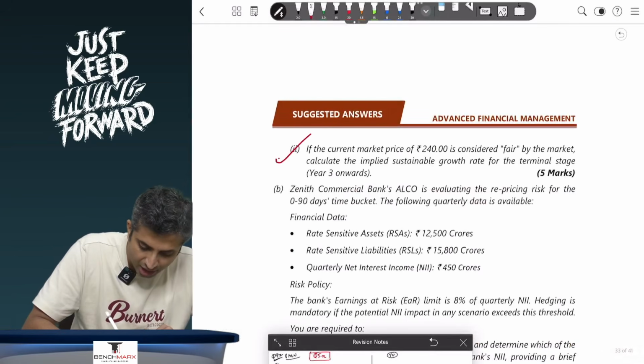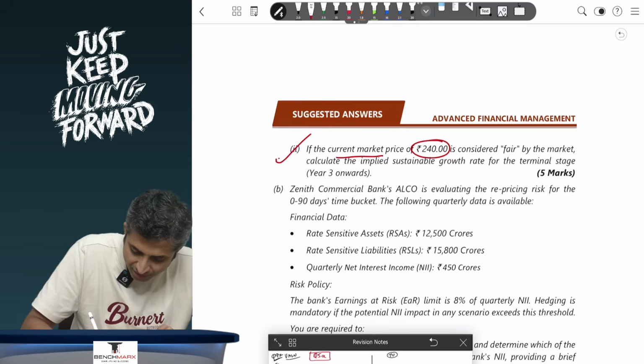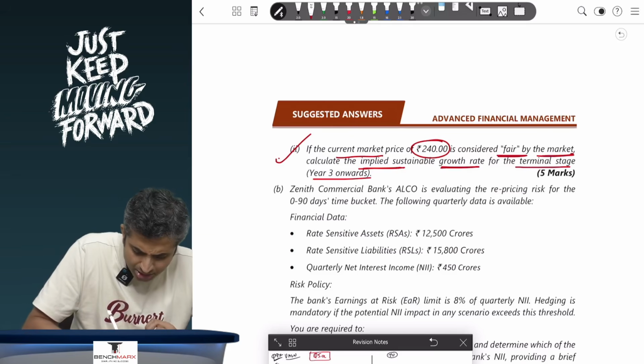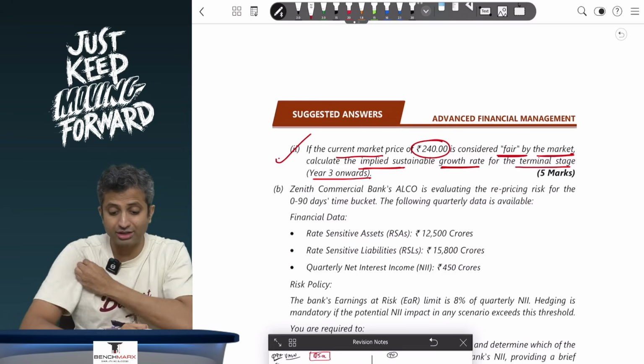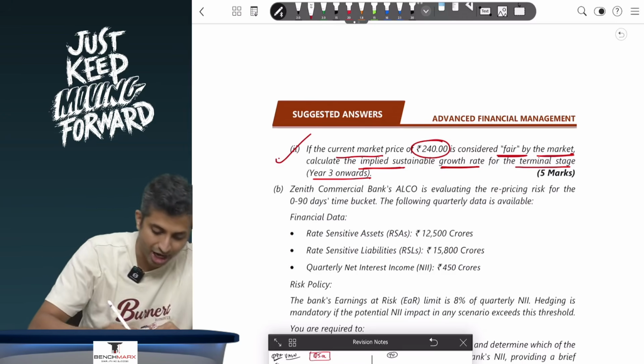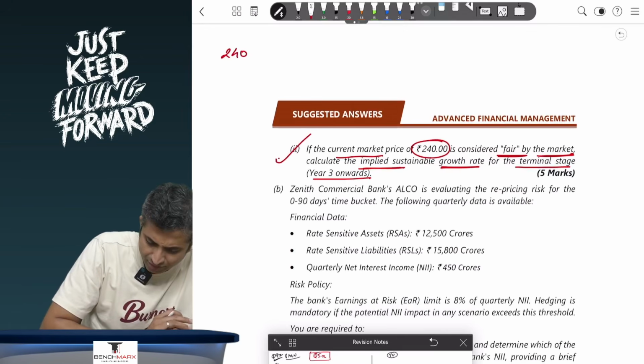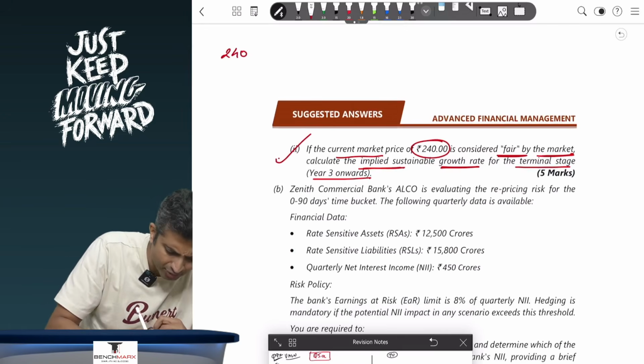Second, if the current market price of 240 is considered to be fair by the market, calculate the implied sustainable growth rate for the terminal stage, that is year 3 onwards. So they have not given you the year 3 growth rate. So ideally what I will do is, well, 240, if this is considered to be fair, so this is 240 per share. You can even take it for all the shares.